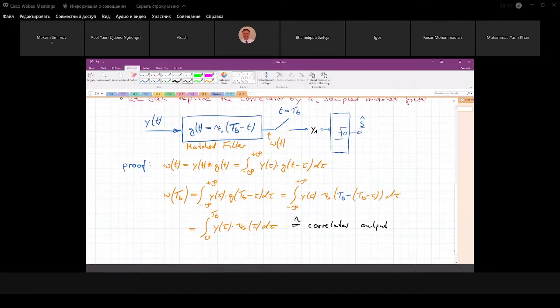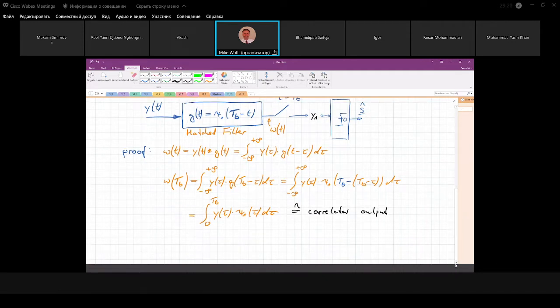So we know we can replace the correlator also by a matched filter. And it's interesting further to take a look at what happens. Let's have a closer look at this matched filter, although we will later also come back to it.